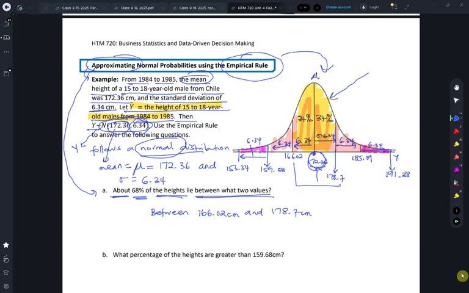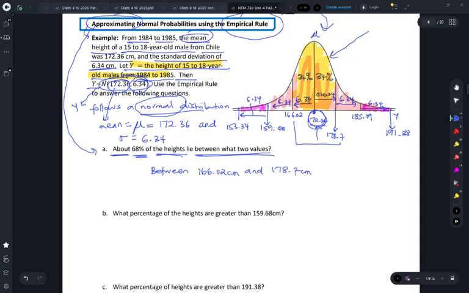Okay. And it follows then that the next question, what percentage of the heights are greater than 159.68 centimeters?